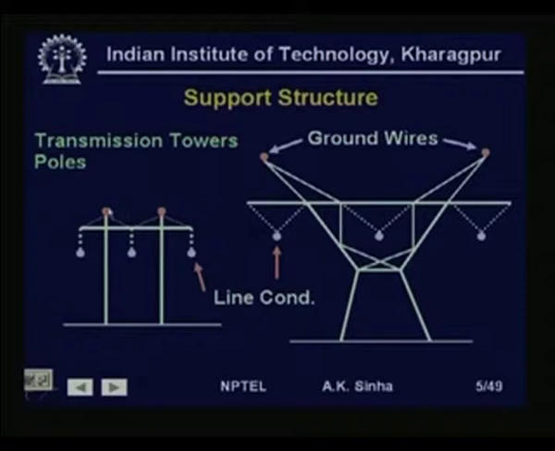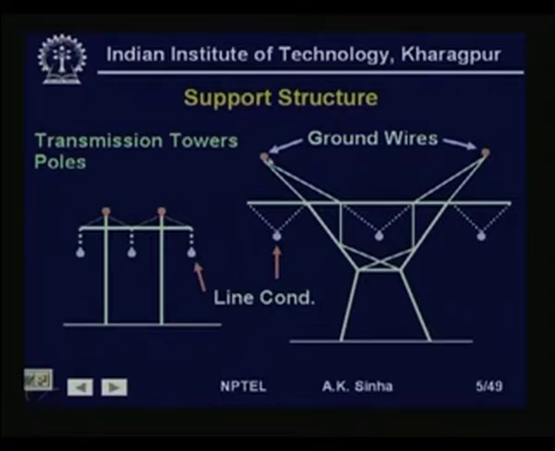Here at the top, these red ones can be seen, and these are what we call the ground wires or the earth wires. These wires are directly connected to the tower, and through the tower footing resistance they are grounded.